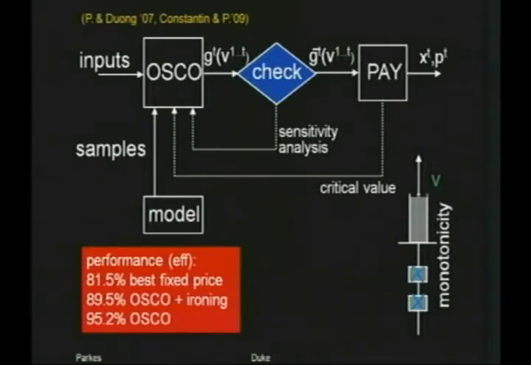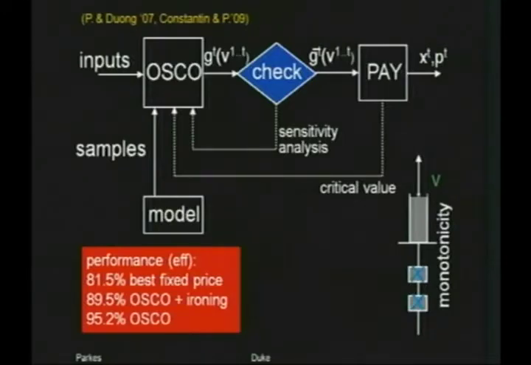And when we run experiments in simulation, this is the kind of thing you find. If you worry about efficiency, if you worry about maximizing expected social value, then the algorithm without this extra ironing sensitivity check gets about 95% of the offline value for a particular distribution. When we iron, we get down to around 89%.